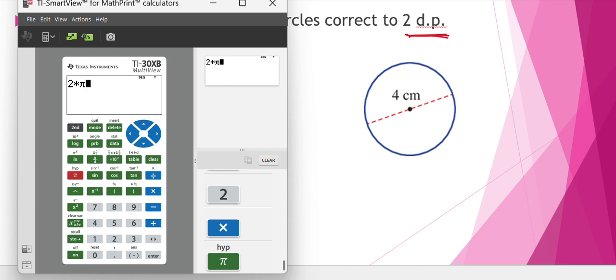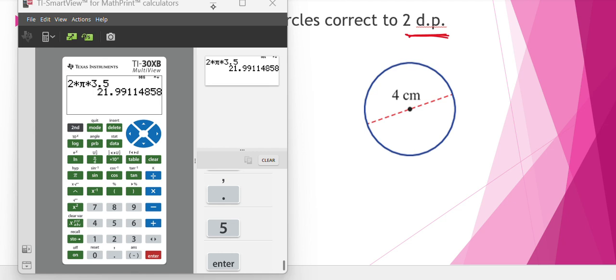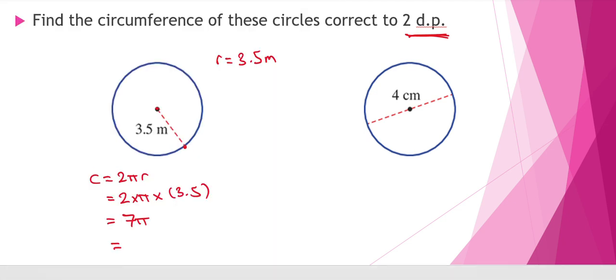The pi symbol on your calculator is located right here where it's red right now. So times 3.5. It will give me 21.991. Okay, so it gives me 21.991. Now, this isn't our full answer yet because we need to round it to two decimal places instead.